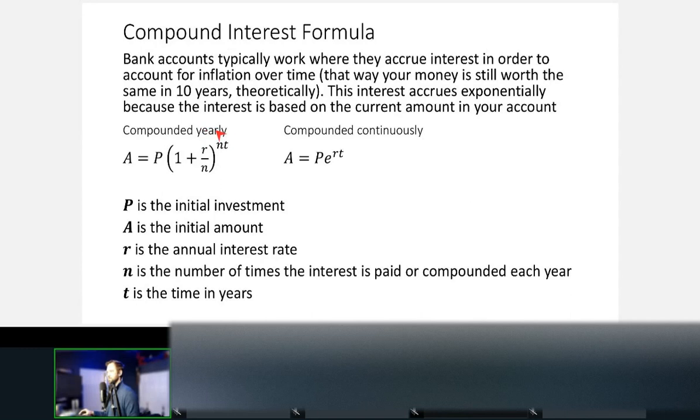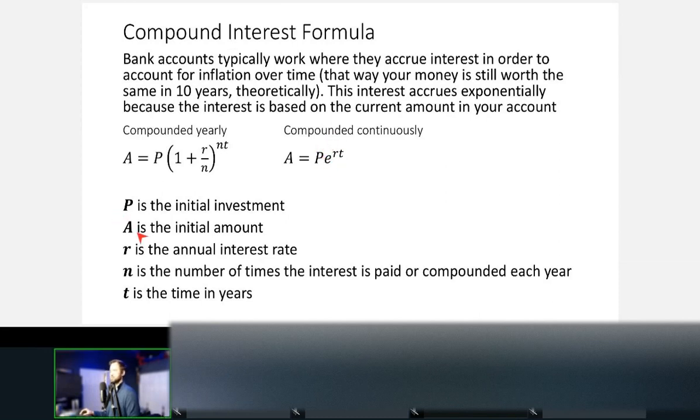When it says yearly, the number of compounds, which is n, could be compounded daily, monthly, semi-annually, or annually, or whatever. You would use this formula. Now, if you are compounding continuously, so think of this being basically compounded every single second, this would be compounded continuously.